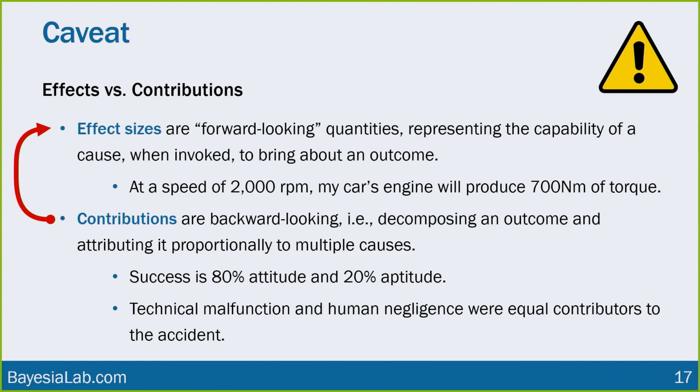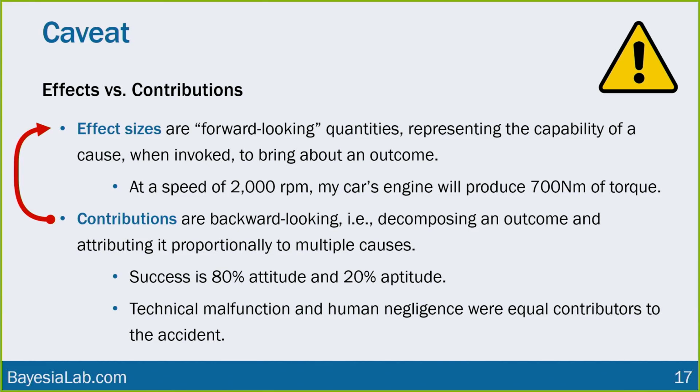You may have heard quotes like, success is 80% attitude and 20% aptitude. So you're looking at the outcome, success, and then looking back at where it came from, what contributed to it. Or in a more legal context, you may say technical malfunction and human negligence were equal contributors towards an accident, for instance in litigation, trying to establish liability.